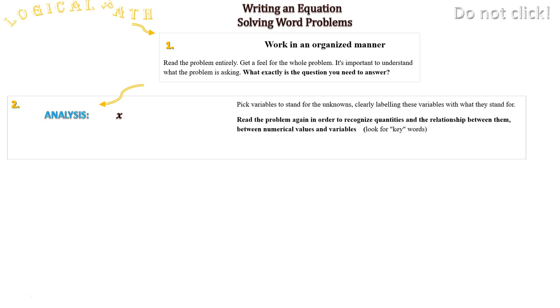After that, let's talk about the first step, analysis. You have to pick a variable to stand for unknowns, clearly labeling these variables with what they stand for. After that, read the problem again in order to recognize quantities and the relations between them, between numerical values and variables. Look for keywords.